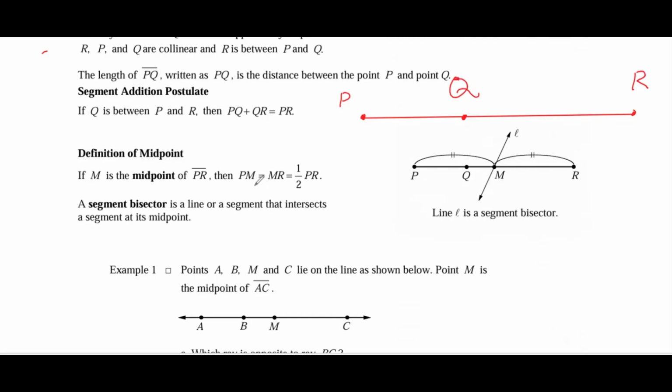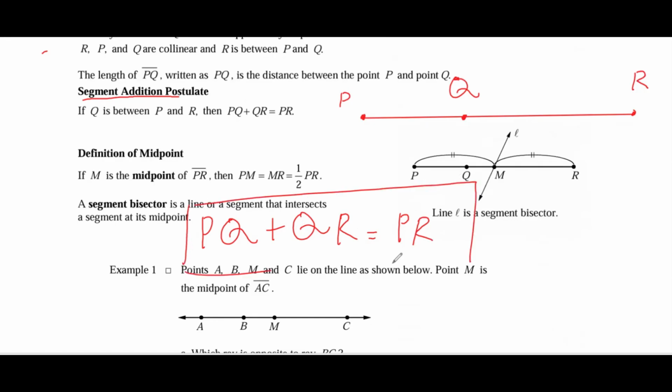Now the segment addition postulate states that when there are two points on a line segment, P and R, and Q is a third point at any place on that line segment, then we can make a formula. The formula is that PQ plus QR is equal to PR.